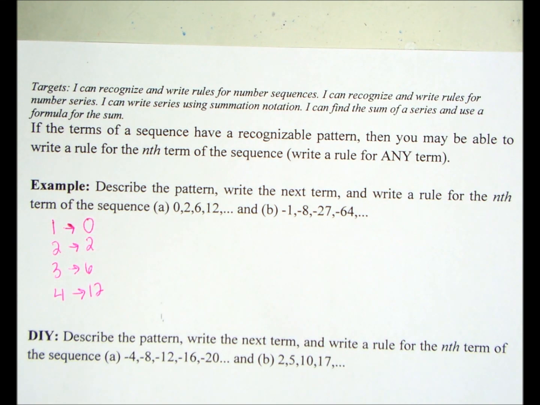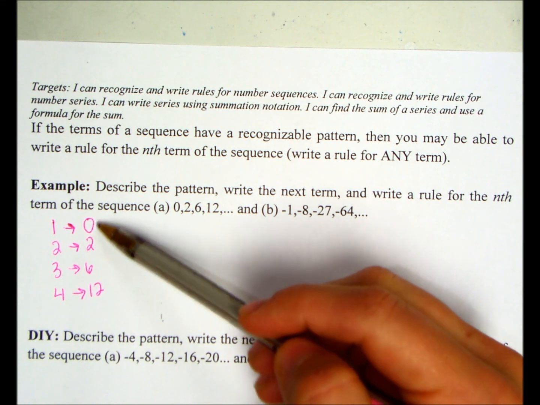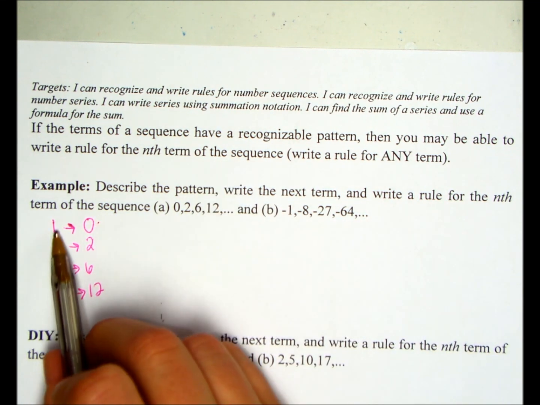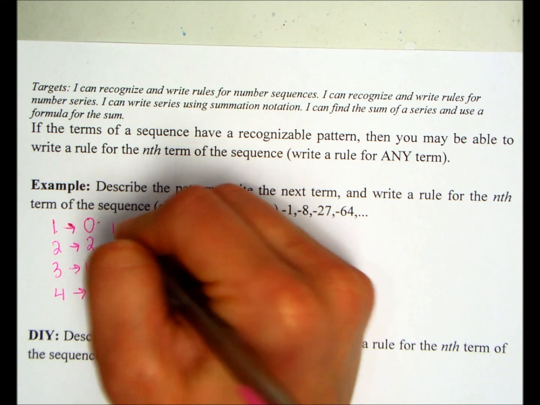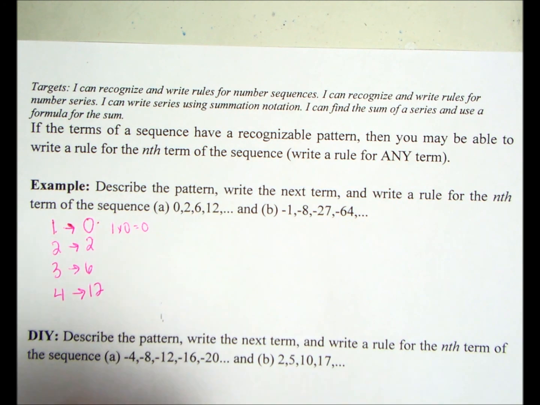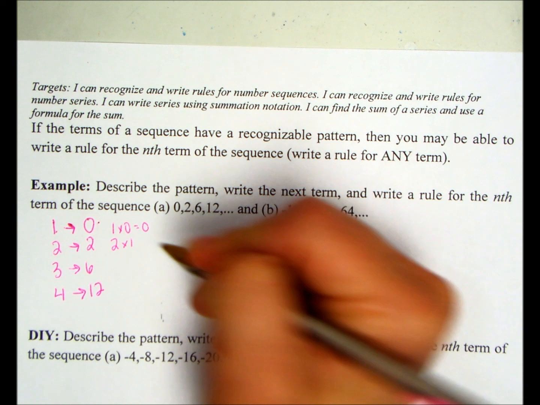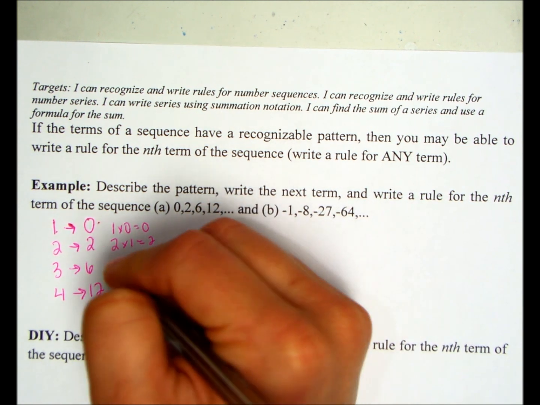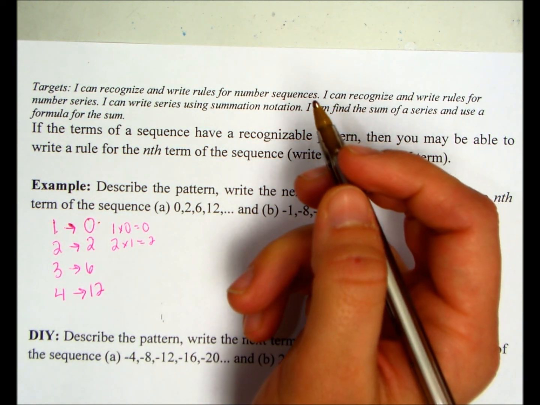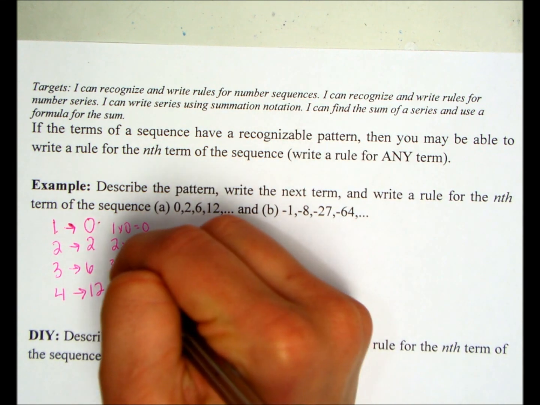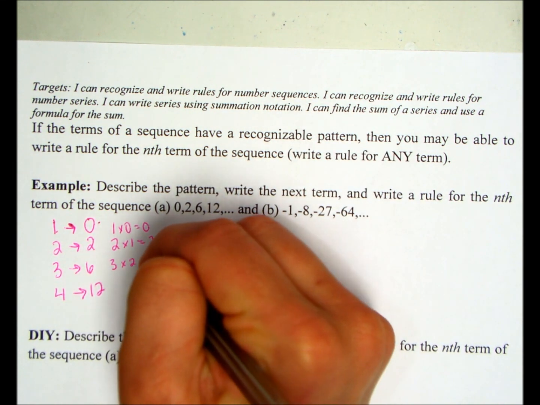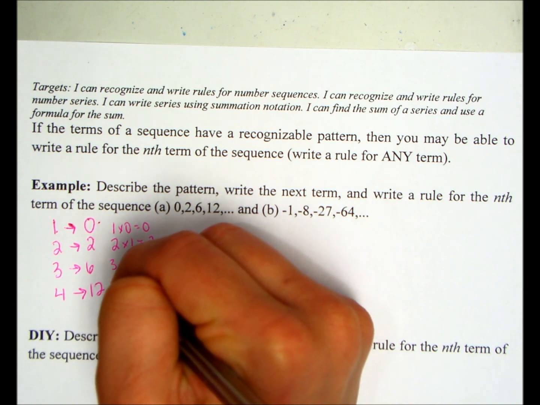So we need to figure out how I can create this pattern. Well, it looks like I'm taking my 1 and multiplying it by 0 to get my 0. My 2 could be multiplied by 1 to get 2. My 3 would be multiplied by 2 to get my 6, and my 4 would be multiplied by 3.